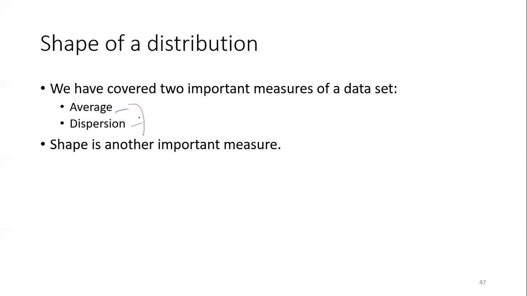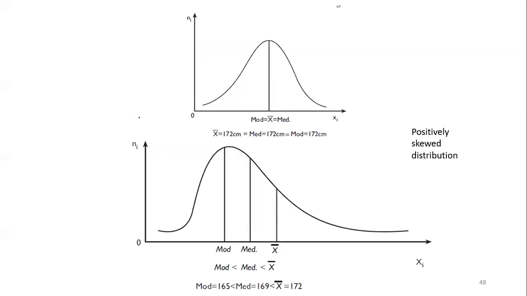So, are there any other measures? Yes, not as important as average and dispersion, but we also have the shape of the data or the shape of the distribution. This is what we call a symmetric shape. Here you have the average of the data, which is also equal to the mode and the median.